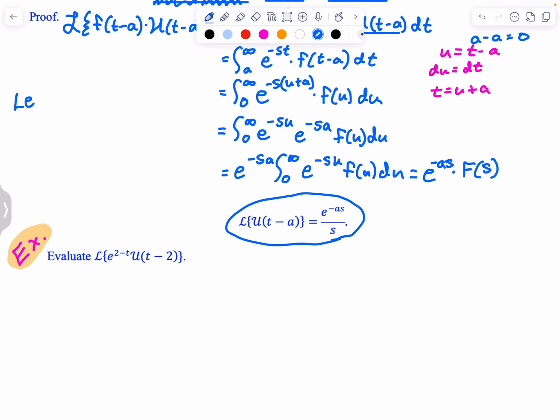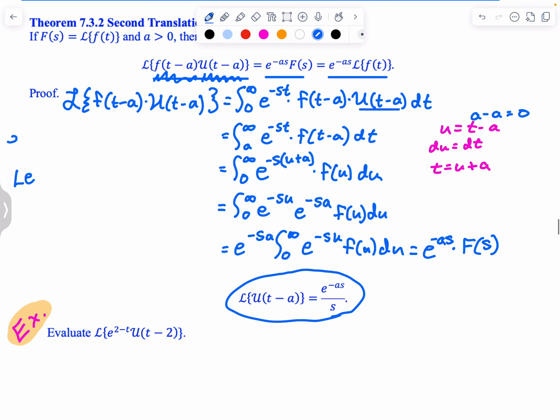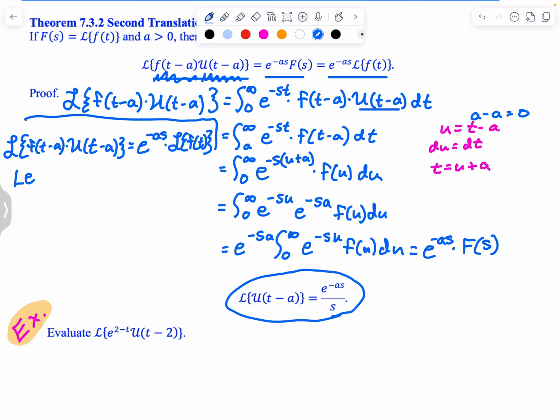So we have that the Laplace of f of t minus a times u of t minus a is equal to e to the negative as times the Laplace of f of t. That's the definition that we just came up with. Right, so they're going to extend it to get to here.